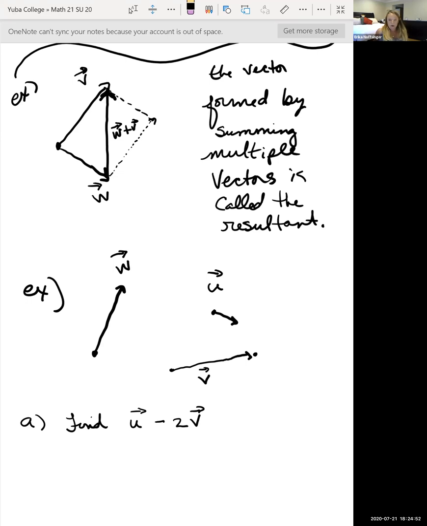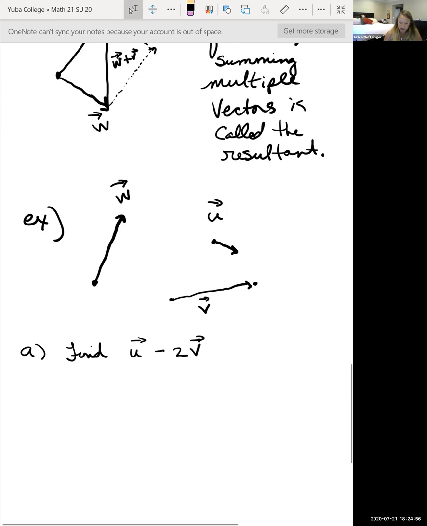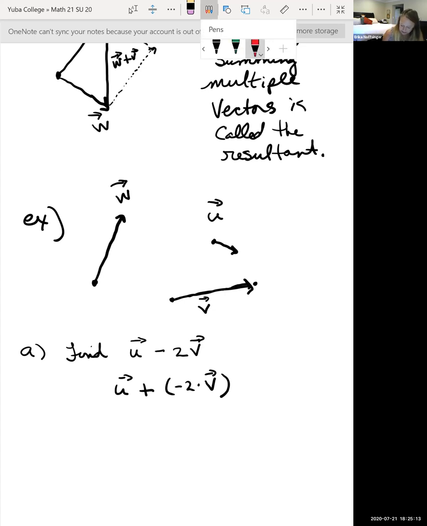Okay, so let's look at what negative 2V is. This is another way to write U plus negative 2 times vector V. So the negative is going to make it in the opposite direction. And the 2 is going to double the length. And so now we're going to go here.